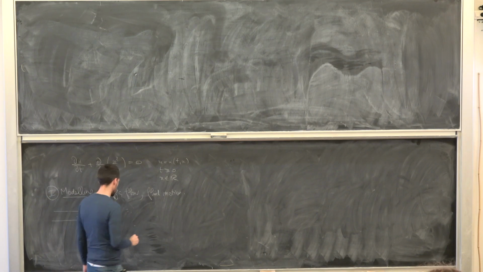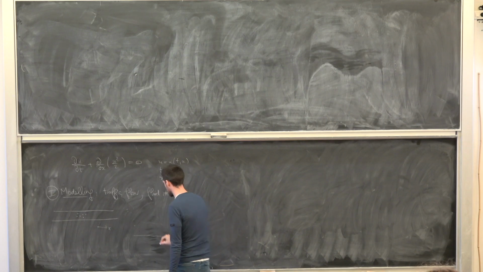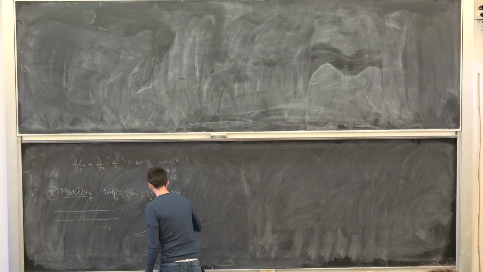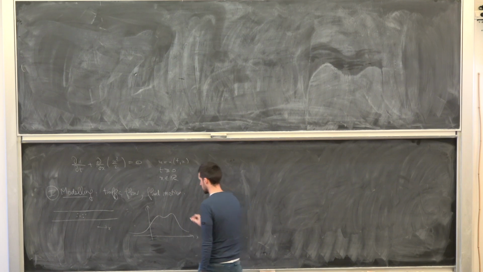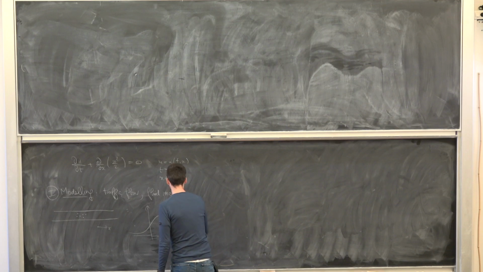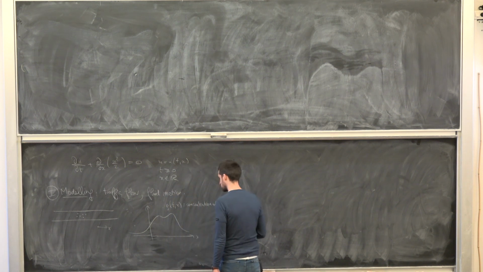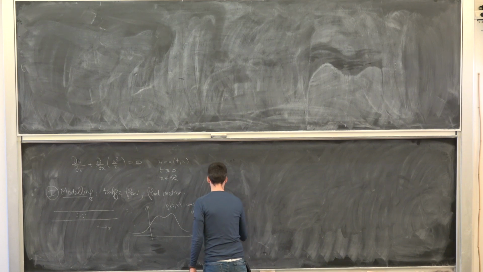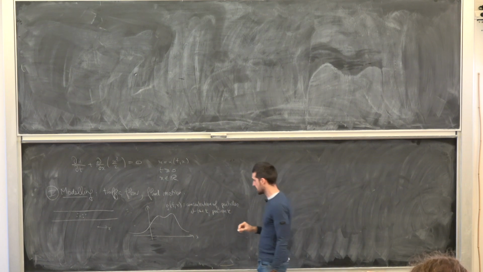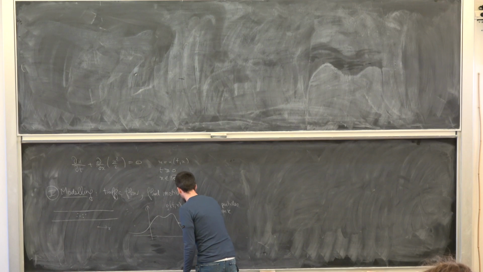You can model that by saying there is a function rho of t,x, which is the concentration of particles or vehicles at time t and position x. And let's say this thing is flowing, so you also have a velocity at time t and position x.